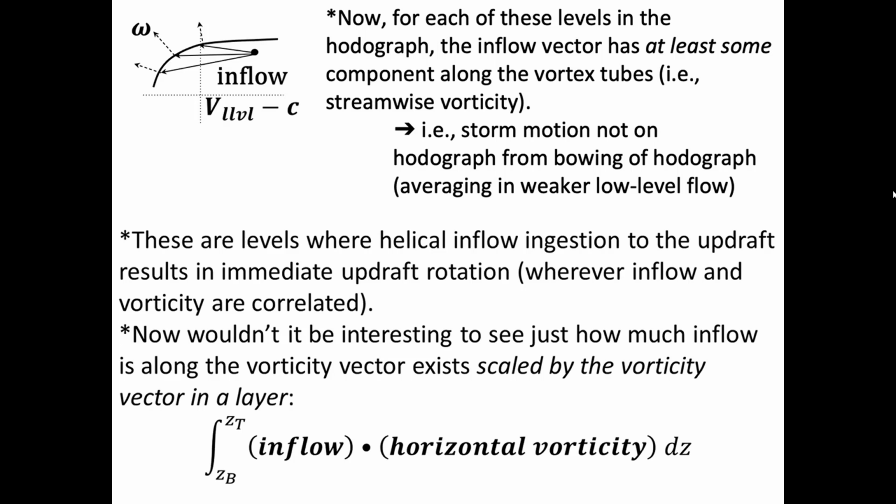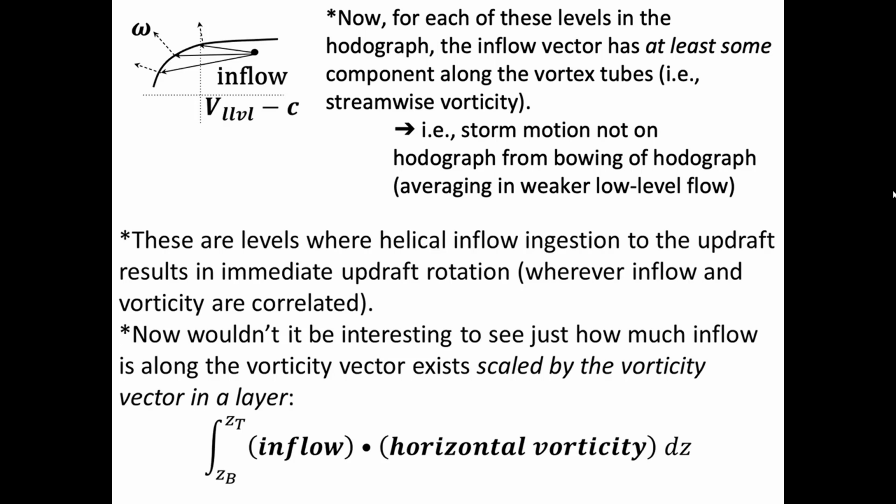And also, if we placed the storm motion theoretically even on the hodograph, as we talked about in the crosswise vorticity case with a purely straight hodograph, because of that arch we're still going to have at least some component of the inflow along our vortex tubes, indicating some component of the vorticity being streamwise because of the inherent arch.